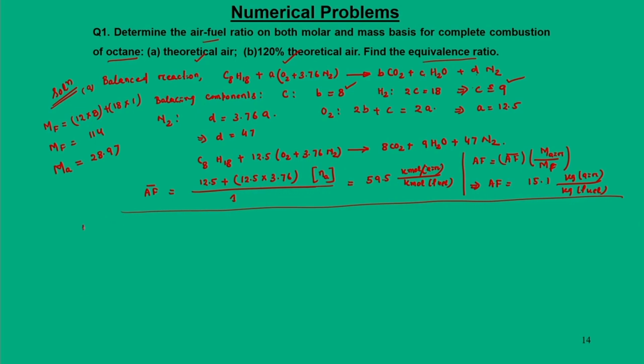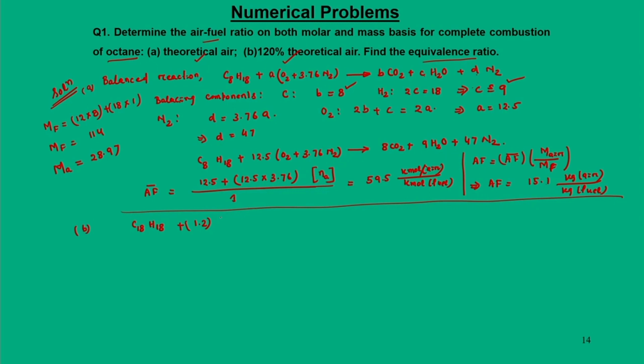Now, the second part which we are going to study is when we have 120% theoretical air. That means this coefficient has to be increased by 20%. So, the reaction will now become C8H18 plus 1.2 times excess air.